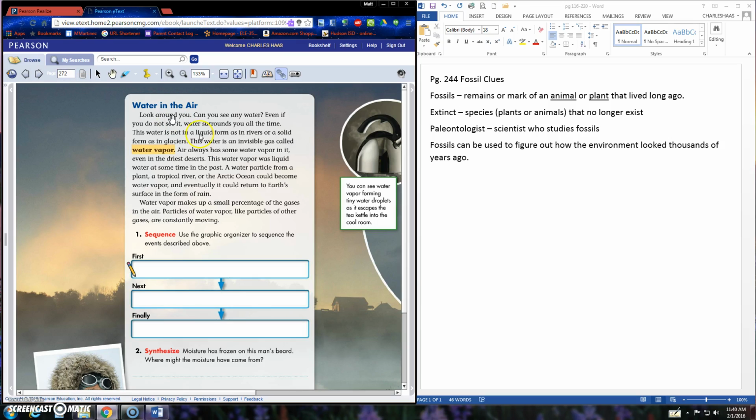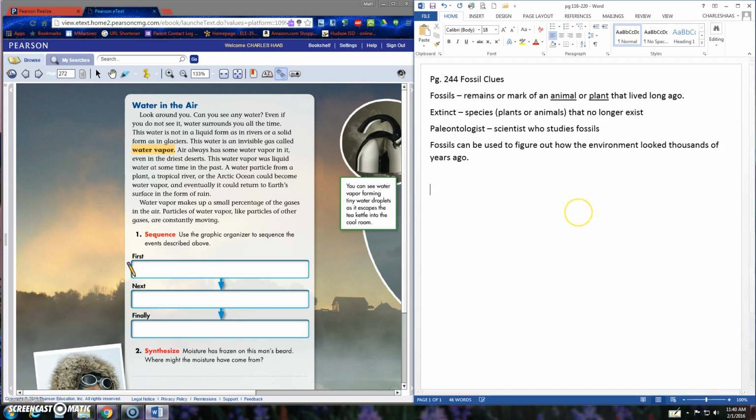And let's move over to page 272. Looks like we're going to be talking about water and probably the water cycle. We'll just start with water. Well, one word we already know this year, water vapor. Water vapor is the gas form of water.